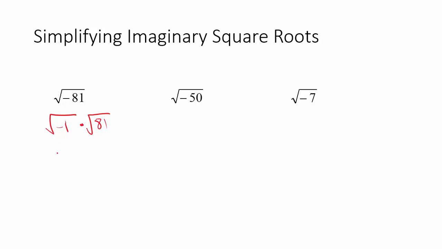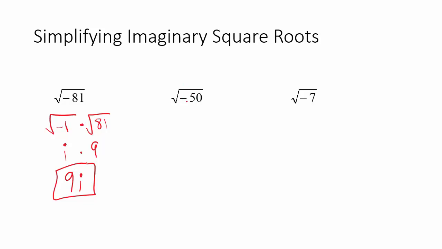We know that the square root of negative 1 is i, and the square root of 81 is 9. So we would just write this as 9i. It's really the exact same thing as the square root of 81, but since it has the negative, we bring the i out.